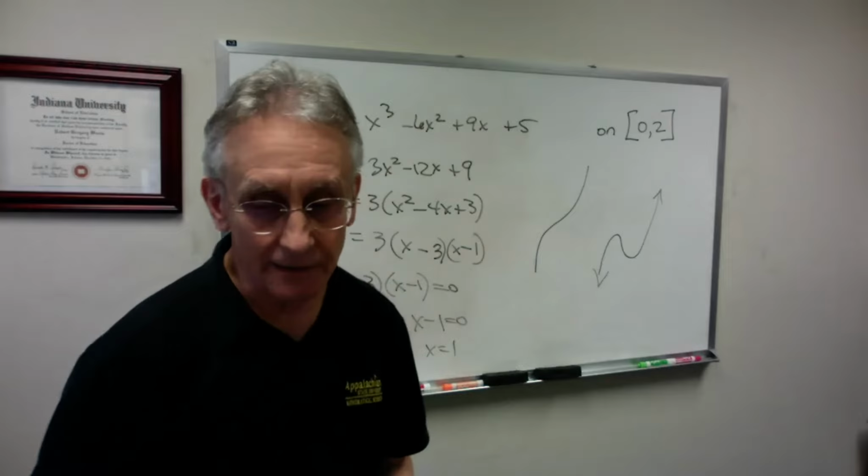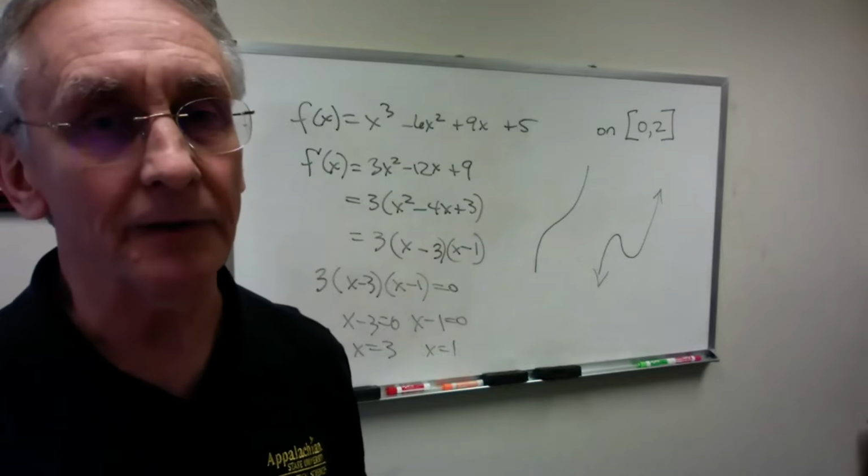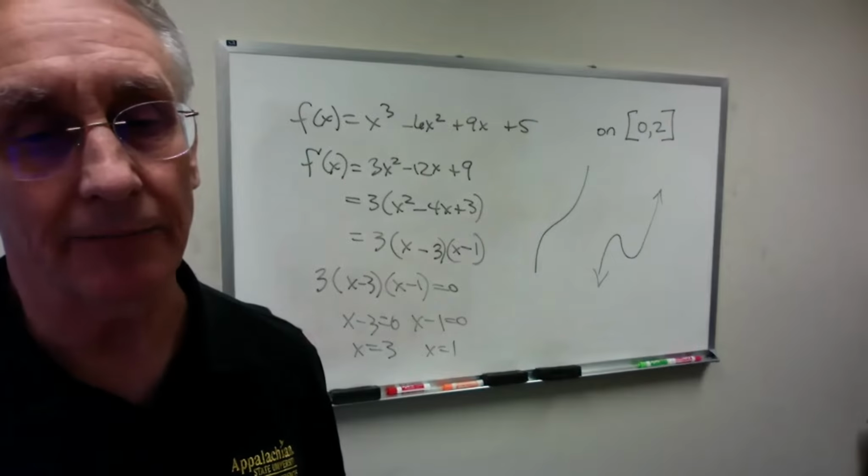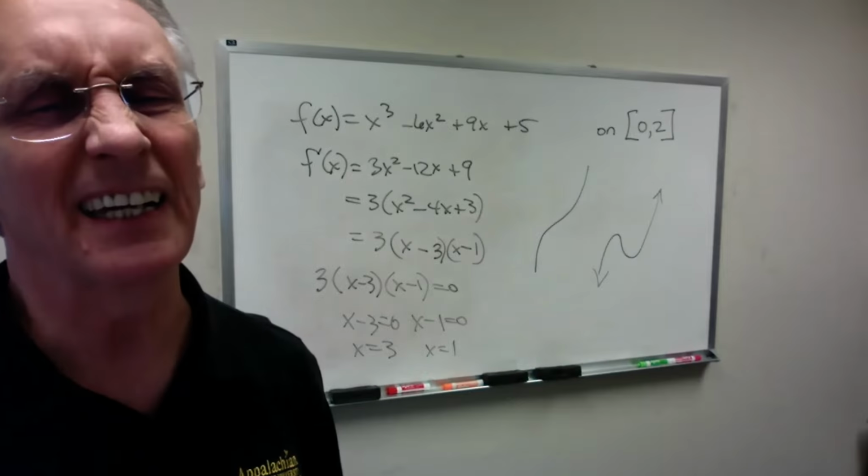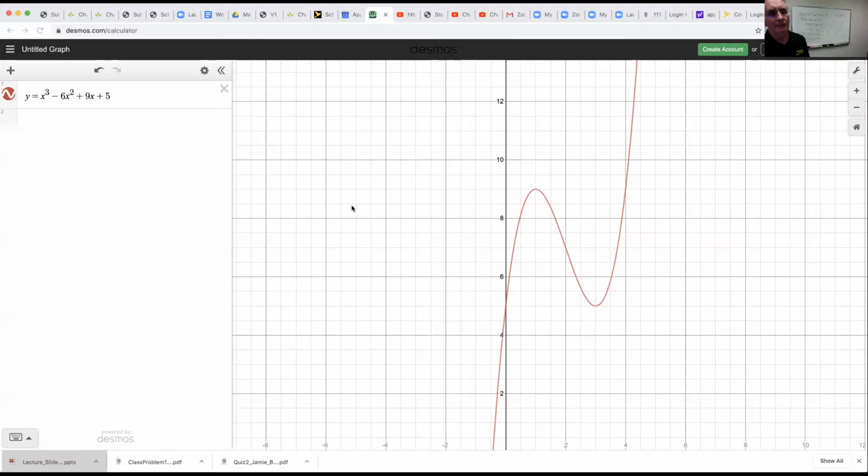So let's take a look. I've got a Desmos file up here. Let's take a look at what this function actually looks like. I hope you can see that. Okay, take a look at how the screen is set up there. You can see that the local maximum in that curve is at x equals 1, and it's up at y equals 9.